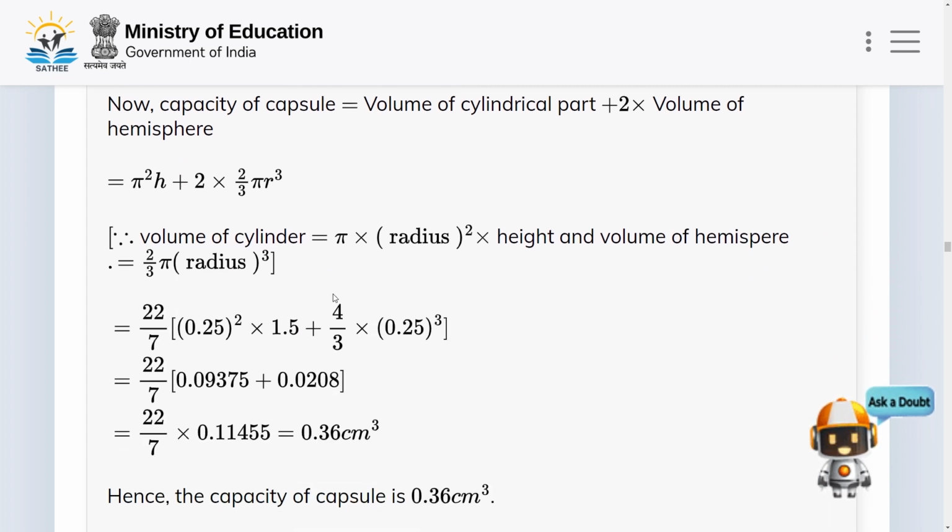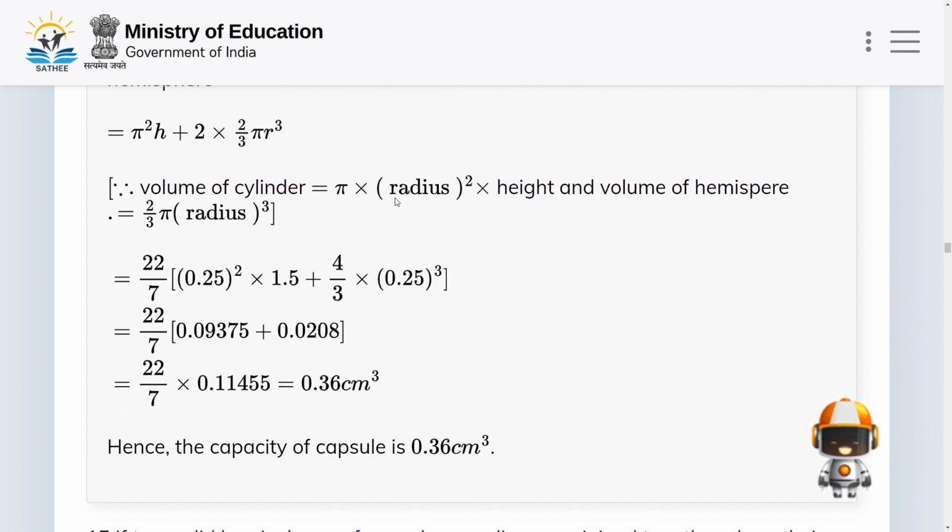So we know this formula: volume of cylinder is pi radius square times height, and volume of hemisphere is 2 by 3 pi radius cube.